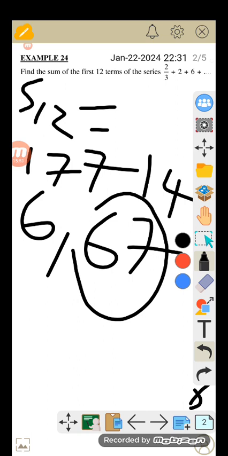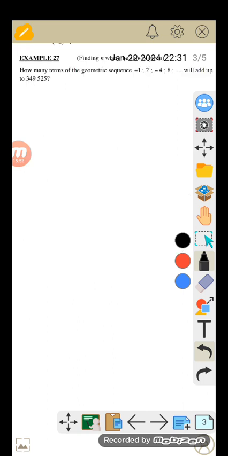Let me just go to my second example, right? It says: how many terms of the geometric sequence -1, 2, -4, 8 will add up to 349,525?